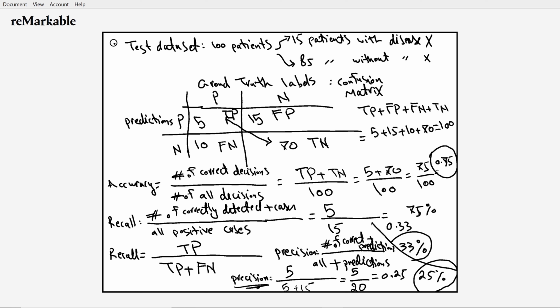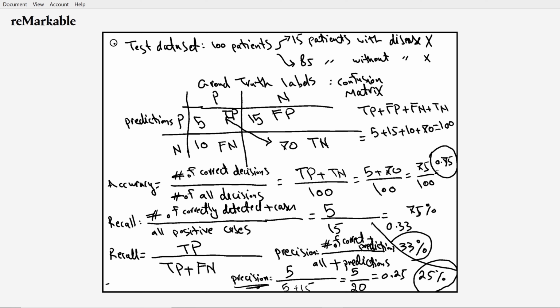Even though we say the larger these numbers become, the closer they become to 1 or 100%, the better, every use case, every problem is going to be different, and it's usually the scientific problem or the business problem that you're solving that's going to dictate what would be an acceptable level of precision and recall and accuracy for your model.